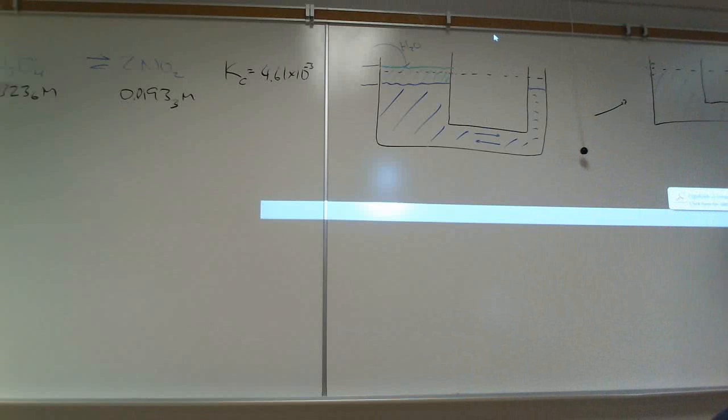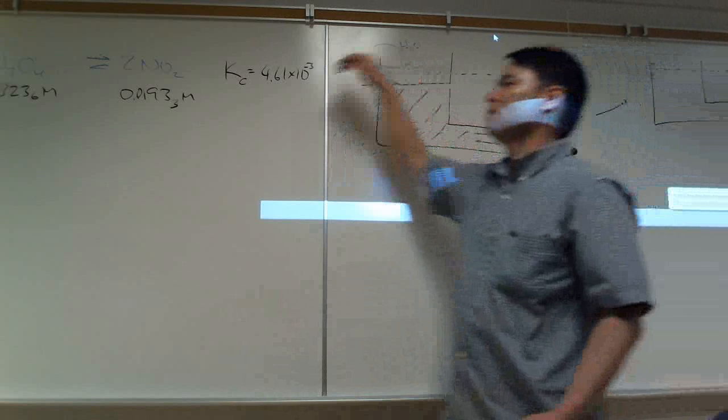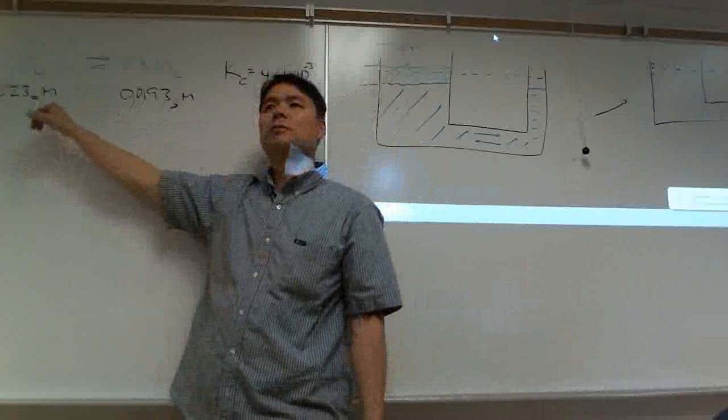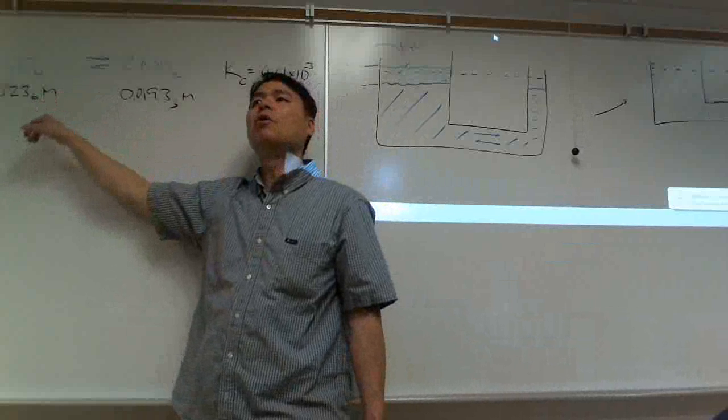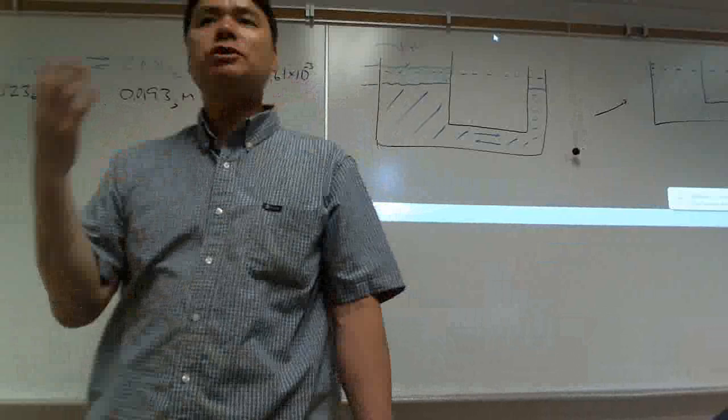And so sometimes people will ask you what will happen to the amount or the concentration of N2O4 after you perturb it. And so then you have to ask yourself, are they asking relative to the perturbed initial? This is the perturbed initial. From the perturbed initial, it should go down. Or are they asking from the original initial?